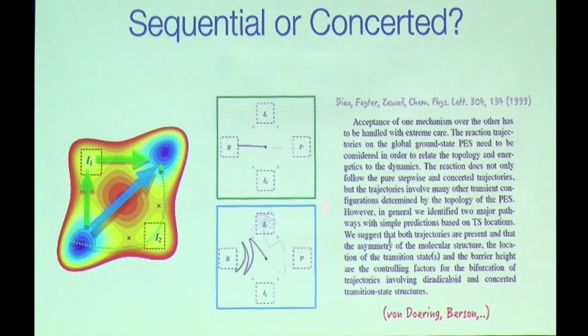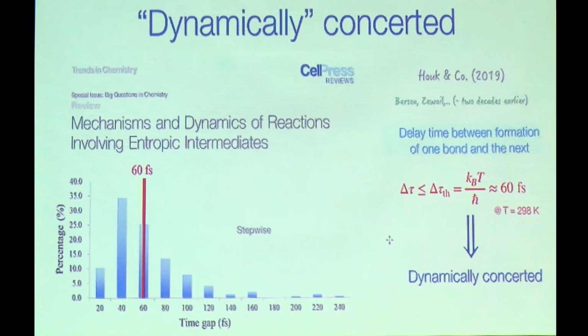This idea, even way back in 1999, Zewail wrote that acceptance of one mechanism over the other has to be handled with extreme care. And there are lots of examples where people have worried very carefully, including some very beautiful work by von Doering and Berson, on how exactly to nail the mechanism one way or the other.